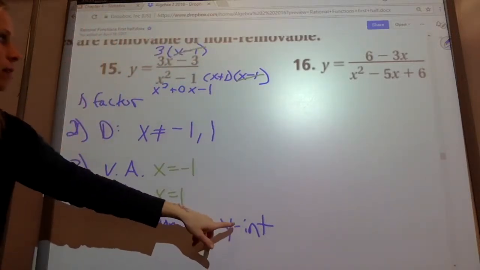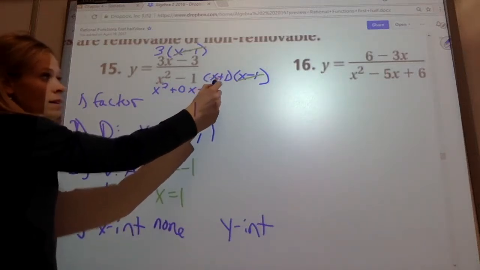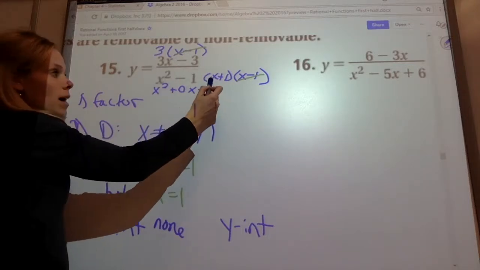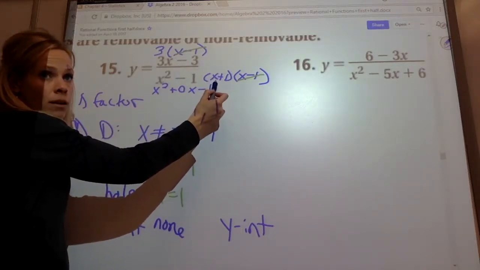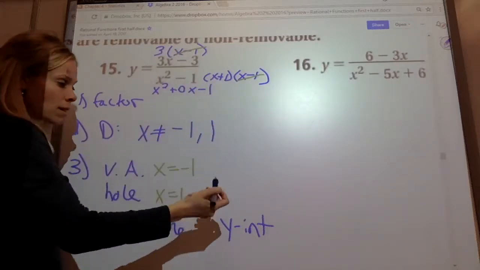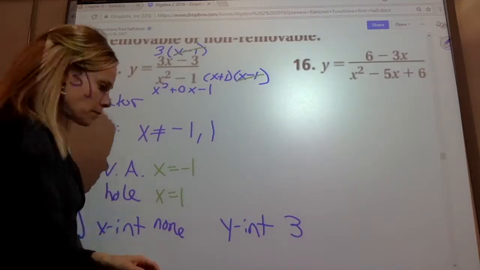How about y-intercept? Y-intercept, I put 0 in for x and solve. So 3 divided by 0 plus 1. 0 plus 1 is 1, so what's 3 divided by 1? 3, right?